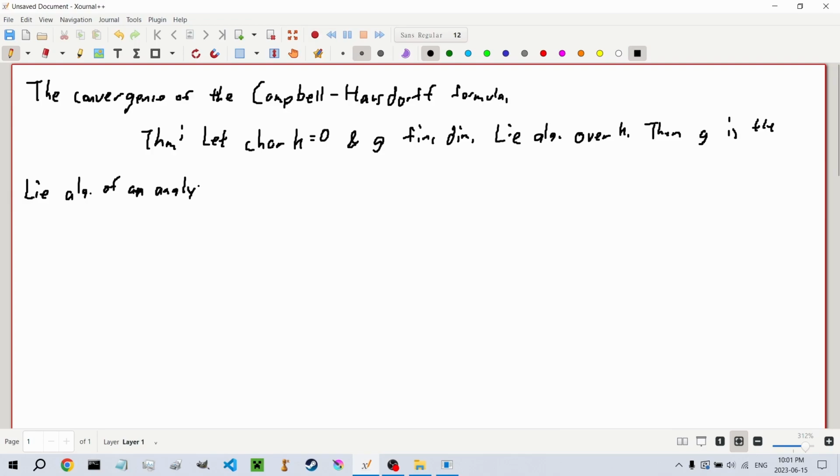analytic group chunk. So essentially this is saying we can go, like, we know already that we can go from a Lie group to a unique Lie algebra by looking at the tangent space at the identity. This is saying that for any Lie algebra, we can go backwards and find an associated Lie group.